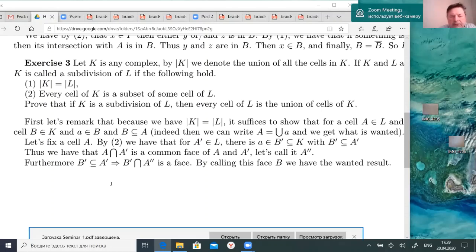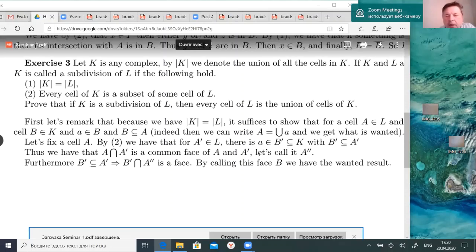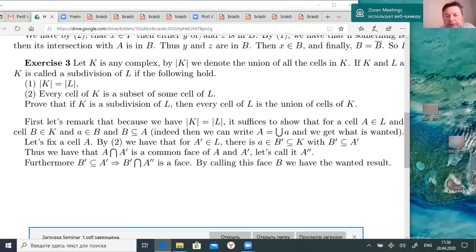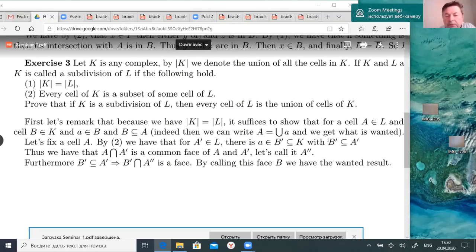So as for me, it's just okay, because even formally you have that two cells is okay. So, for example, the crucial fact is that you prove that B prime is in A prime, right?